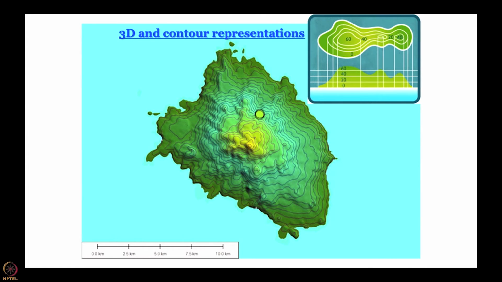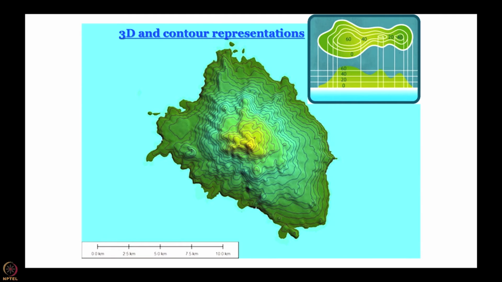Looking at the color coding, you can see that this is the peak and then this is a ridge, and as you go in this direction or this direction or this direction radially out, the height decreases, and the small lines that are there, these are the contour lines. Contour lines essentially join all the points that have the same height as far as an island is concerned.